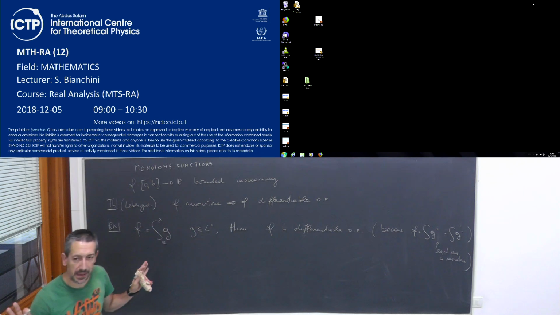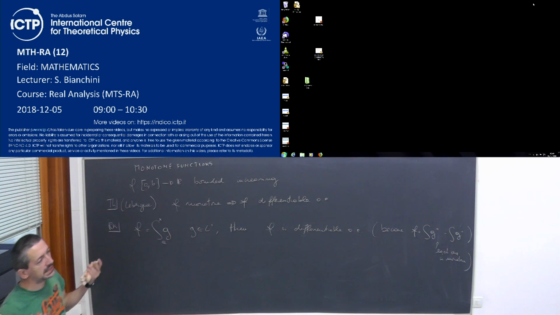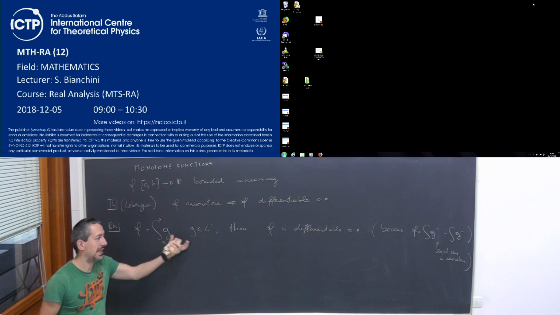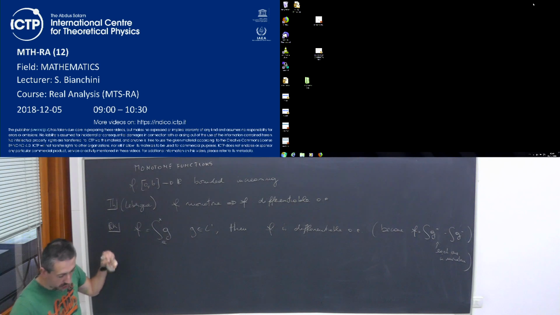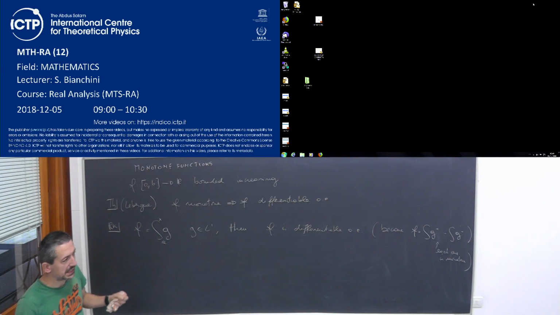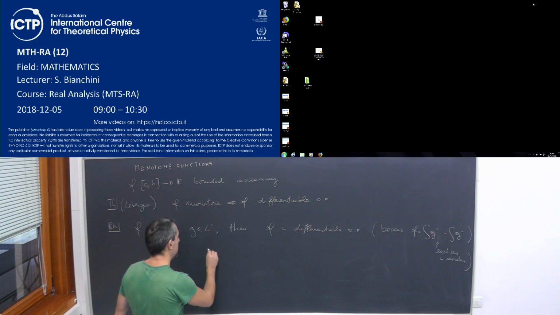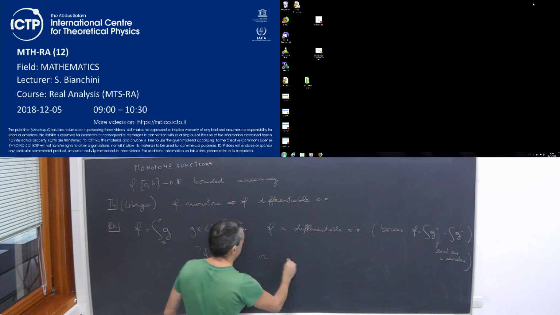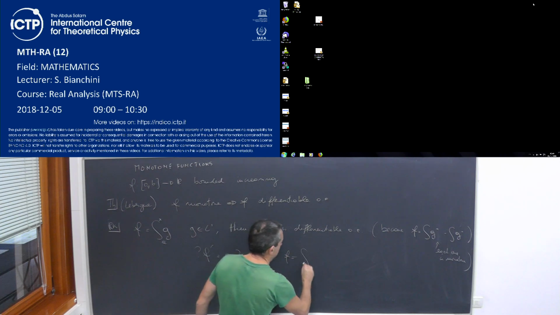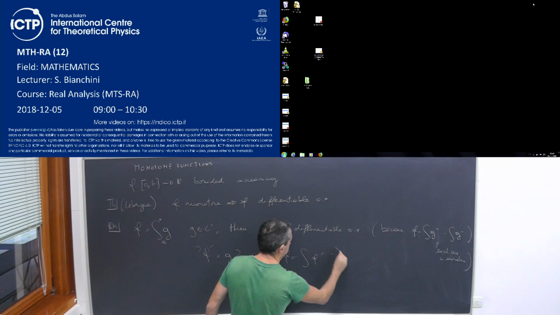So we are very happy, at least I'm very happy, because in some sense, even if I don't know that it is the integral of g, I know that it's the difference of two monotone functions, so it is differentiable almost everywhere. So to close the circle is just to say if f prime is equal to g, or f is equal to the integral of f prime.